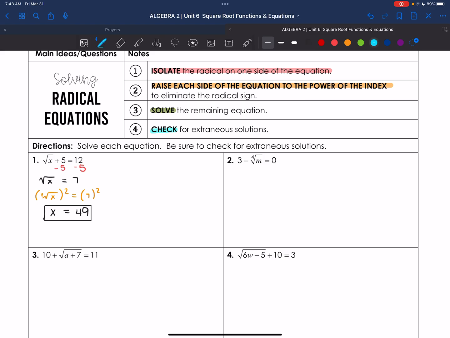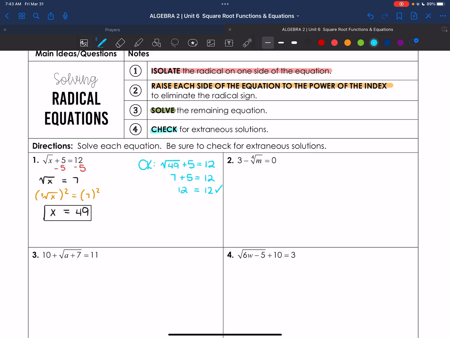So what we want to do is we then want to go ahead and do the checking. We need to check and make sure that if I take and plug in 49 into my equation, it makes it true. The square root of 49 is in fact 7, and we're going to add 5 to that, and 7 and 5 is 12. 12 equals 12.